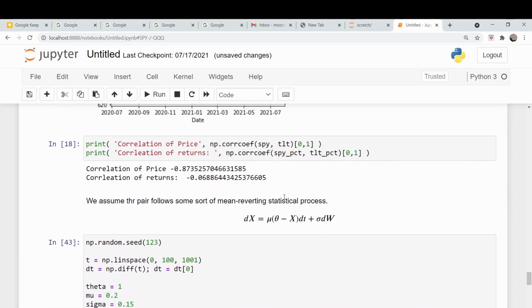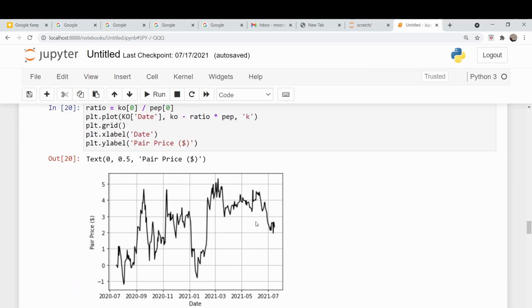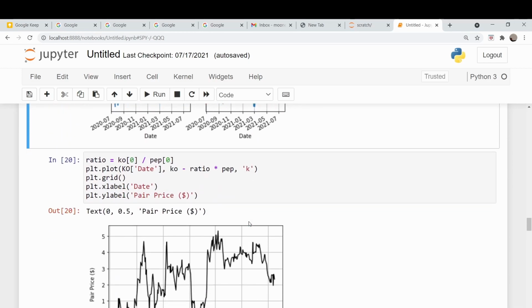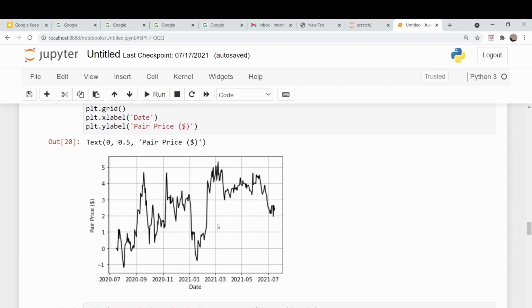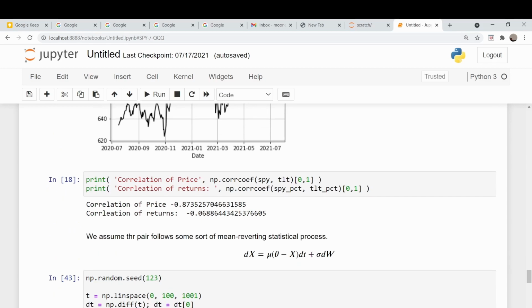And again, this equation is assumed. We have no way to know if it does hold. Some of these processes do tend to look like that, but we're just assuming that it's going to hold true, and then we're going to try to pull these parameters out from the data and this equation.